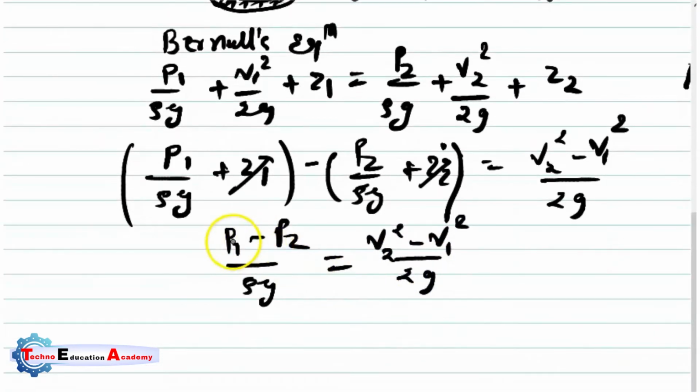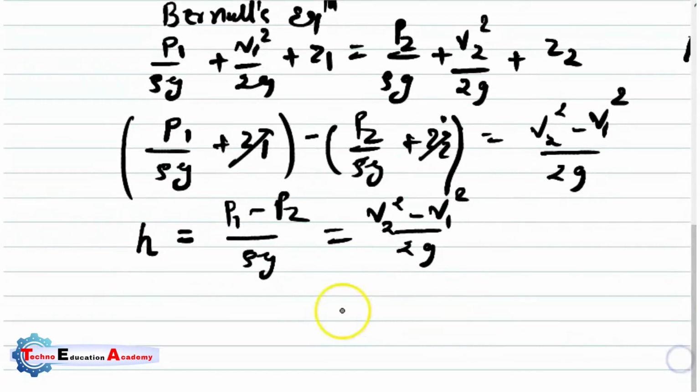In the previous video lecture we already derived this pressure head term in the form of h. So h is equal to P1 minus P2 by rho g is equal to V2 square minus V1 square by 2g.